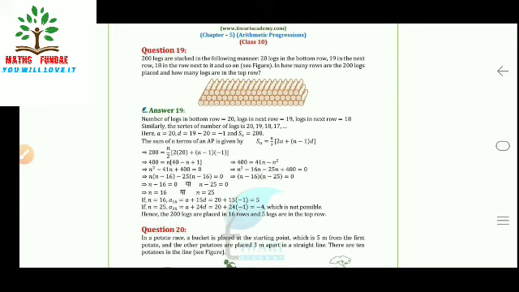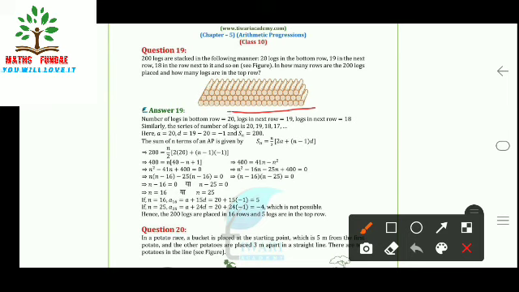So it means the last row consists of 20, then 19, then 18 and likewise. The total number should be 200 logs. So the number of logs in the bottom is 20, in the next 19, then 18, 17 and so on. So a is equal to 20 here, d is equal to minus 1, Sn is equal to 200.